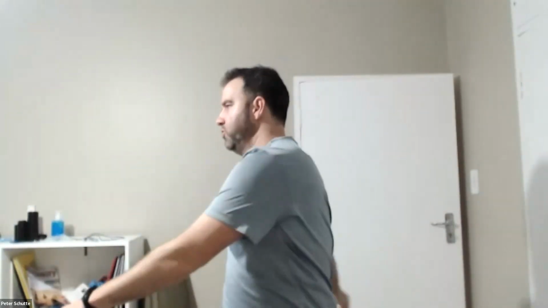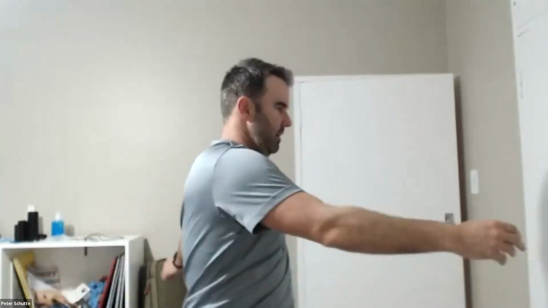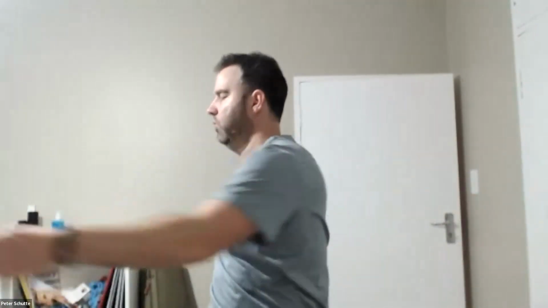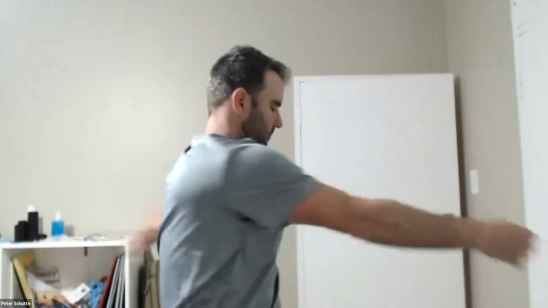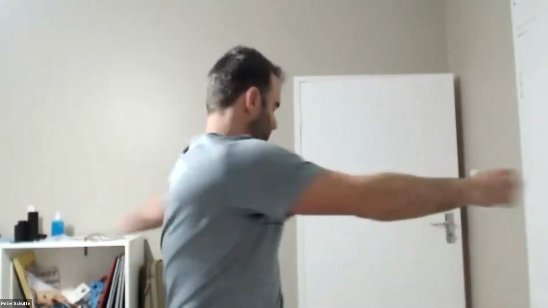Then let's do some rotating. So just a little gentle rotation to start with. And then as you feel yourself loosening up, you can start swinging things around. Okay. Then let's do some small circles with the arms going into big circles. And then change direction.